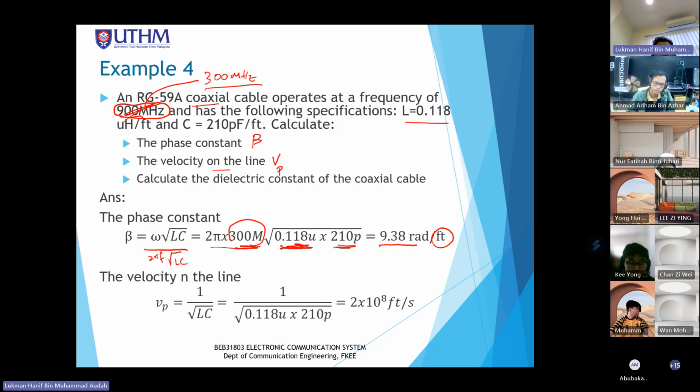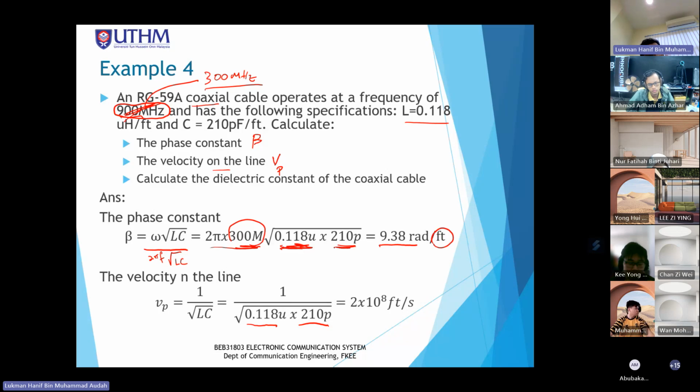This is equal to 1 over the square root of LC. Since we are given the L and C parameters, we can use them to calculate the velocity: 1 over the square root of 0.118 microhenry per foot times capacitance 210 picofarad per foot.